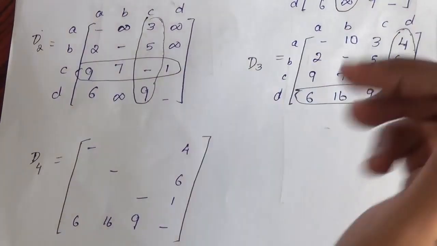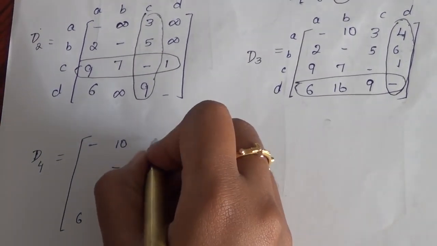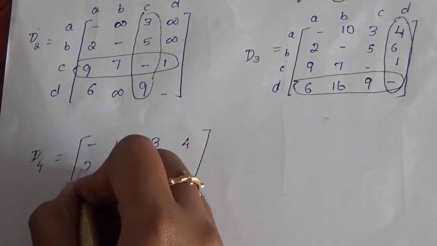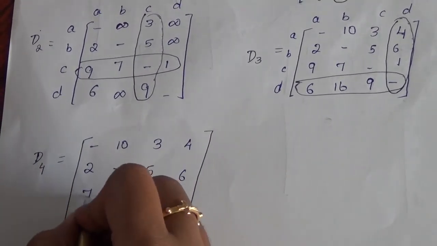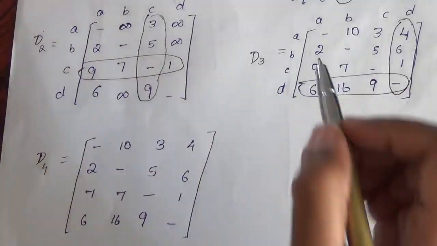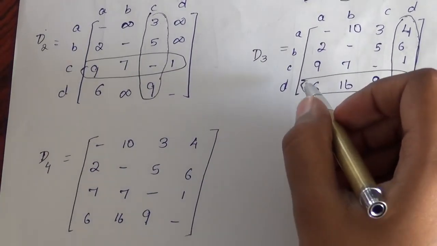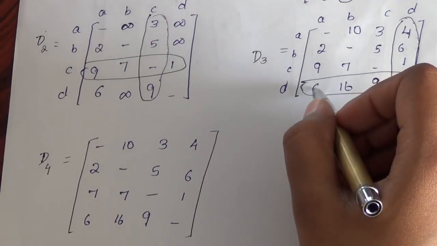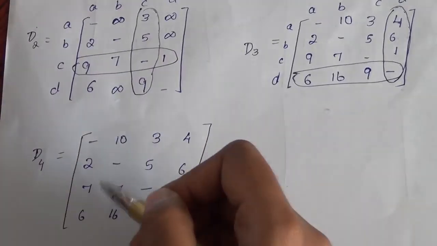So between 20 and 10, 10 is the minimum value, so we'll write it as it is. Then here we have 3, 2, 5, and here it is 7, because for C to A, what we have is 9, but Wik plus Wkj will result in 6 plus 1, which is 7, the minimum value, so I am replacing 9 with 7.